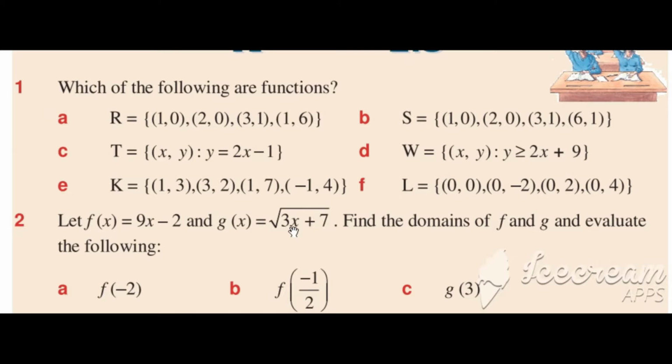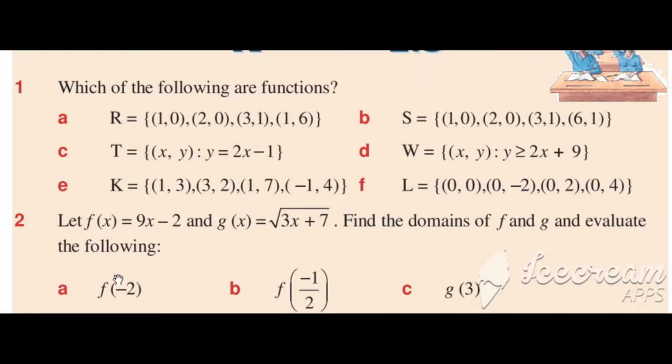Therefore, x must be greater than or equal to negative 7 over 3. So the domain of g of x is x greater than or equal to negative 7 over 3.